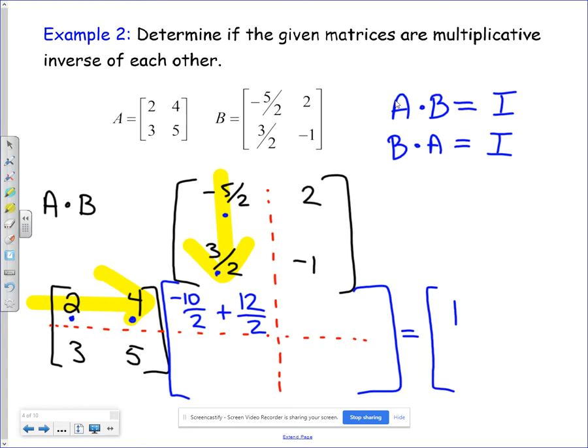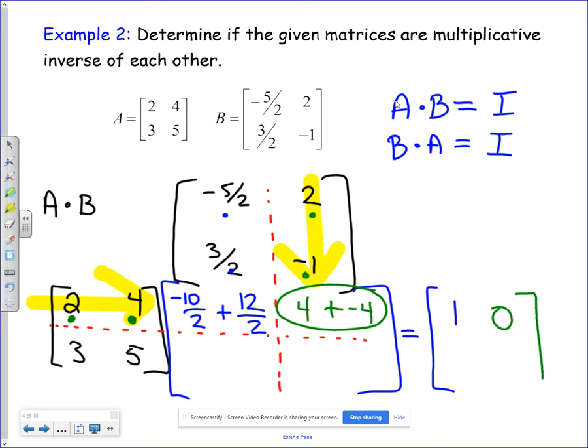Okay? Now, let's multiply to find this element. So I'm going to go 2 times 2 is 4, plus 4 times negative 1 is negative 4. 4 plus negative 4 is 0.